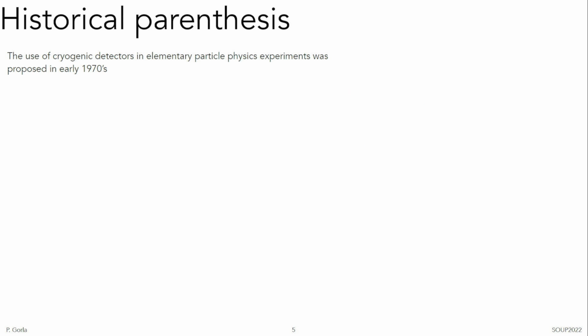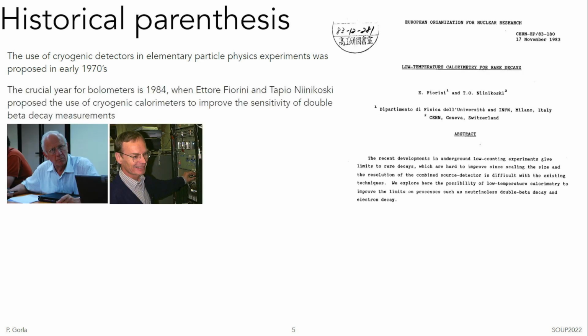Just a very short historical note. The use of cryogenic detector in elementary particle physics goes back to the 1970s, but the real step ahead came in 1984. So these two guys, Ettore Fiorini from University of Milano and Tapio Niinikoski from CERN, they published this work here.